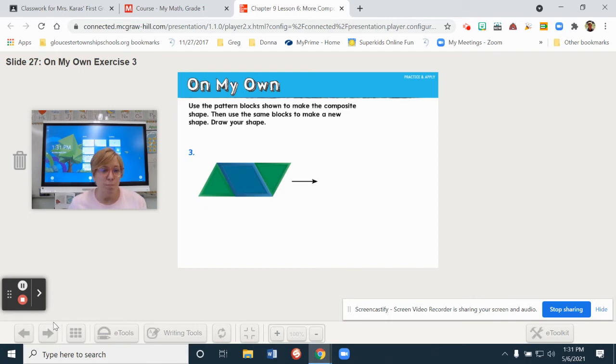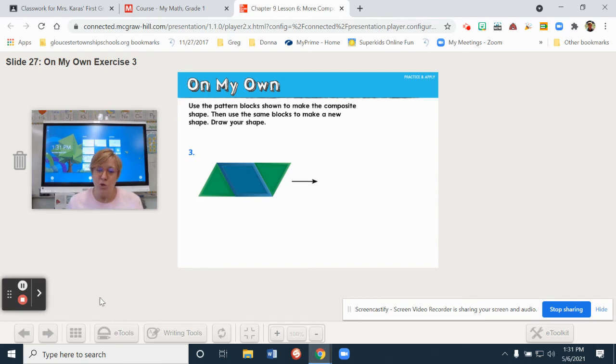Okay, now for number 3, all right, here we do have all these blocks. So what'll be even easier for you is that you can move these blocks around to make a different shape, okay, and trace it to see what comes, trace it to come up with another one, all right?